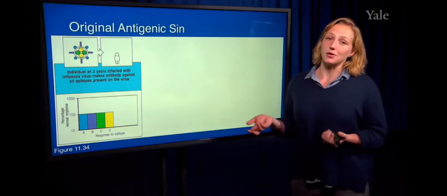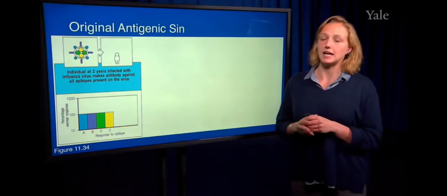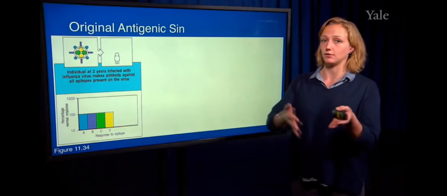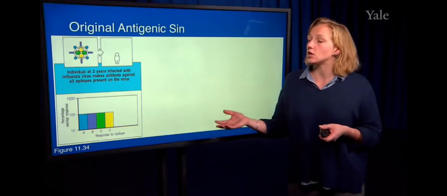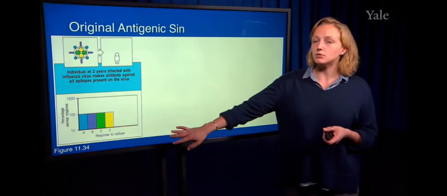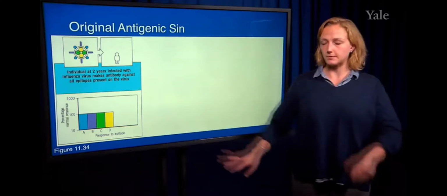As you may know, influenza is a very different virus season to season and has different epitopes at different years. So in this example, this individual at a young age generated an adaptive immune response against 4 different influenza epitopes.